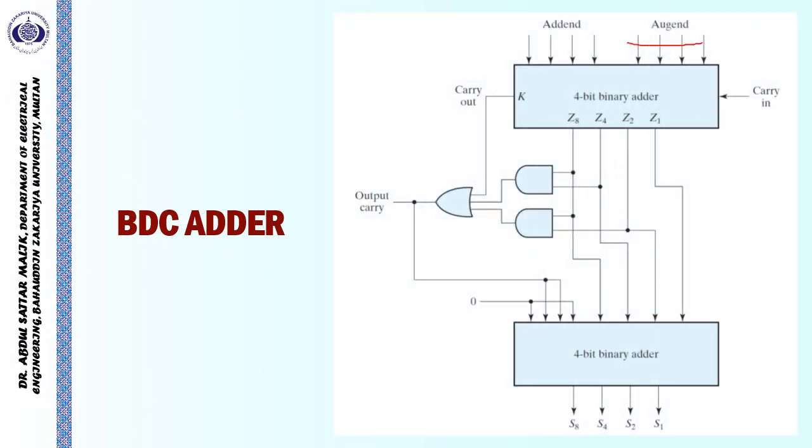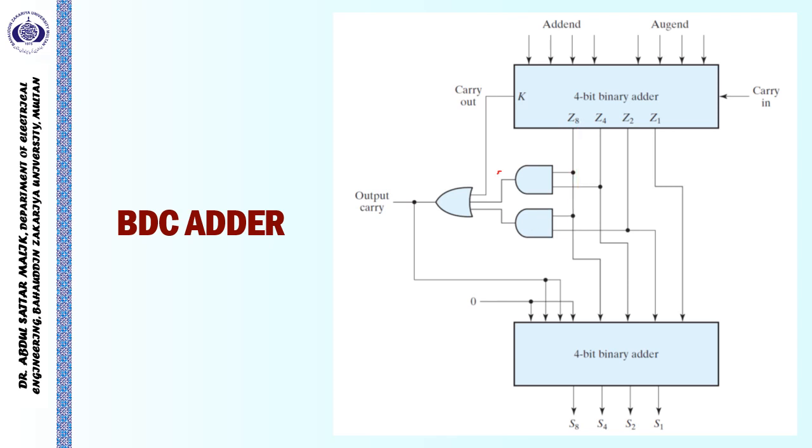We have taken the augend BCD number and the addend BCD number, and we have applied them to a 4-bit parallel binary adder. The result over here will have a carry and 4 output bits, that is Z1, Z2, Z4 and Z8. We have taken Z8 and Z4, the AND combination of the two, and Z2 and Z8, the AND combination of the two.